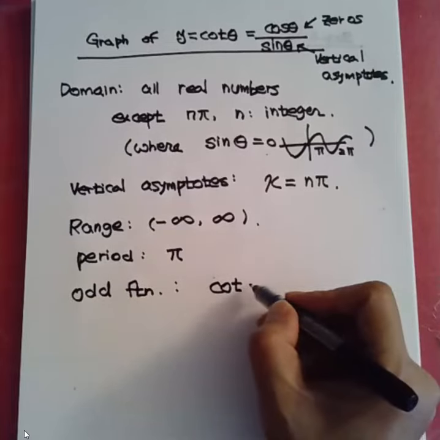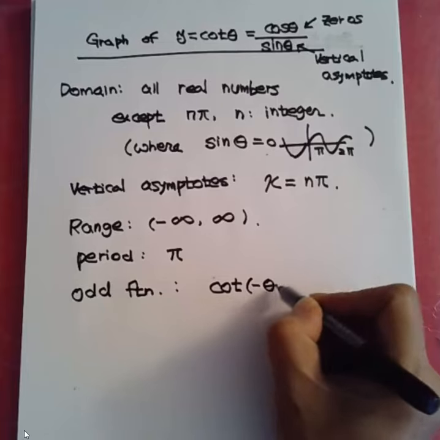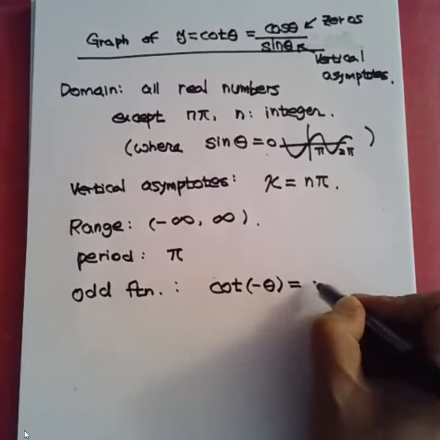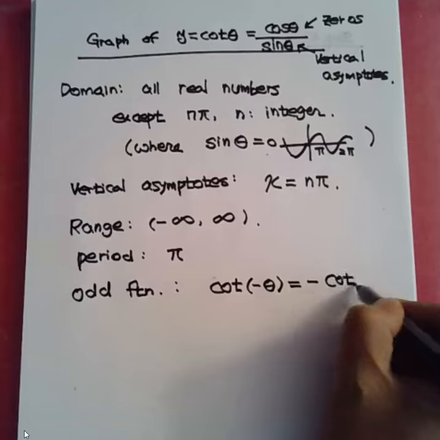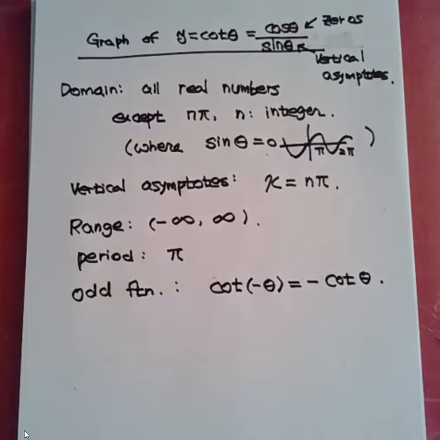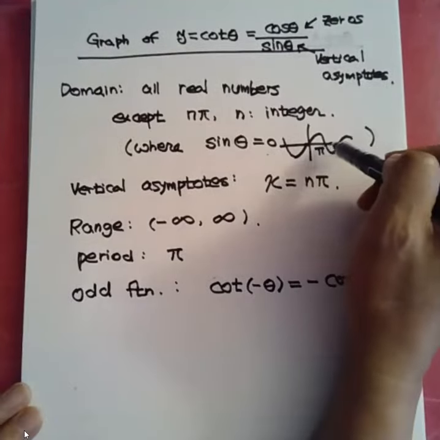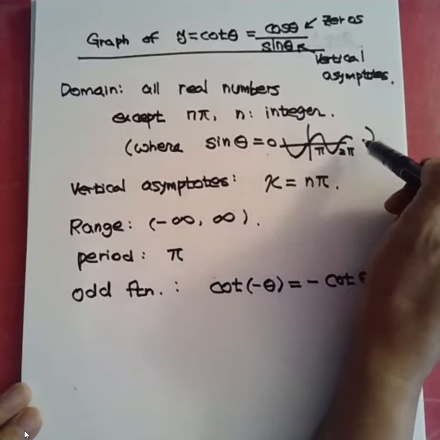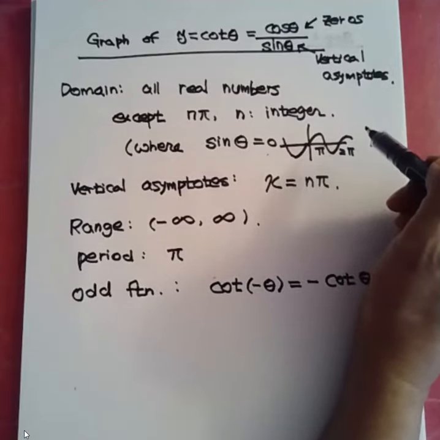Sine is an odd function, so we can say that cotangent of minus theta is minus cotangent of theta. By switching the numerator and denominator, sine of theta produced the vertical asymptote. So whenever sine becomes 0, there will be a vertical asymptote. Those are pi, 2 pi, 3 pi, and so on.